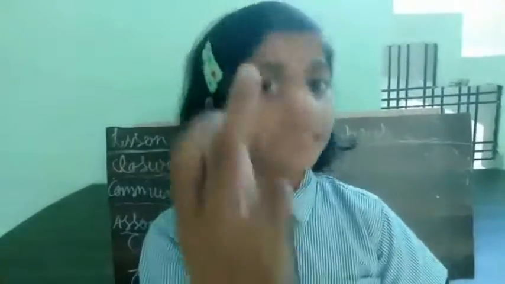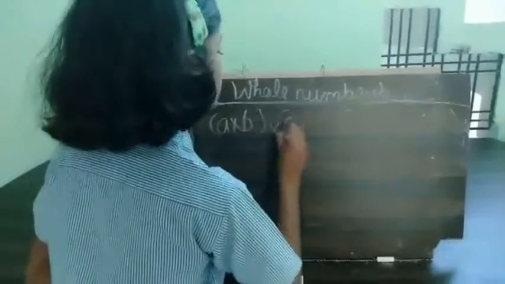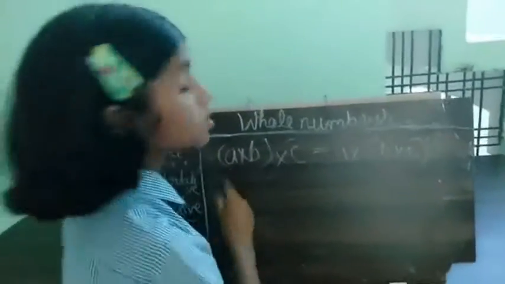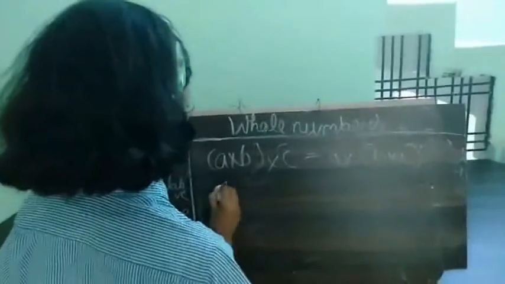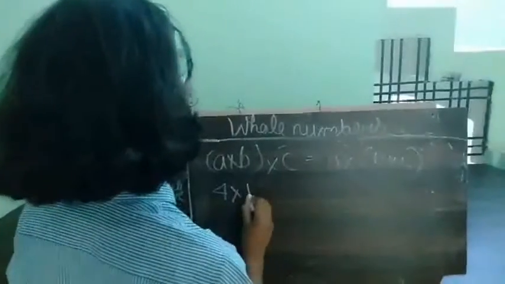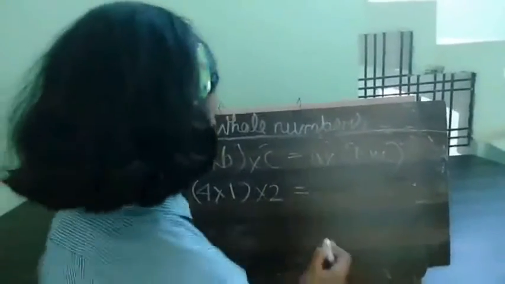If A, B, C are three whole numbers, then A into B in bracket, into C, equals A into bracket B into C. By number, suppose the value of A is 4, the value of B is taken as 1, and C is 2.